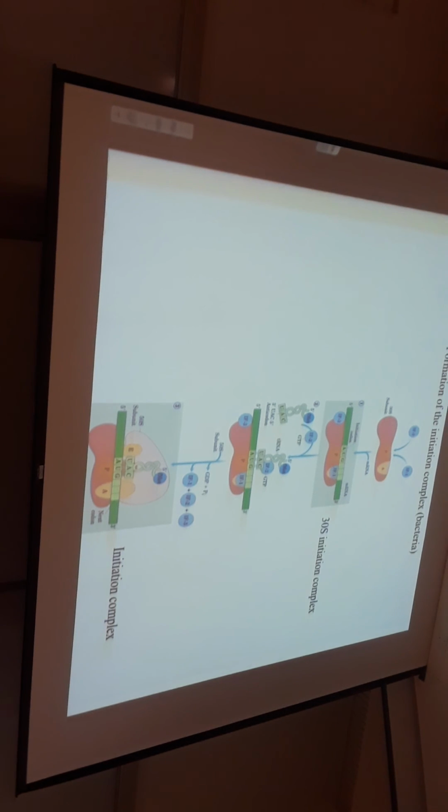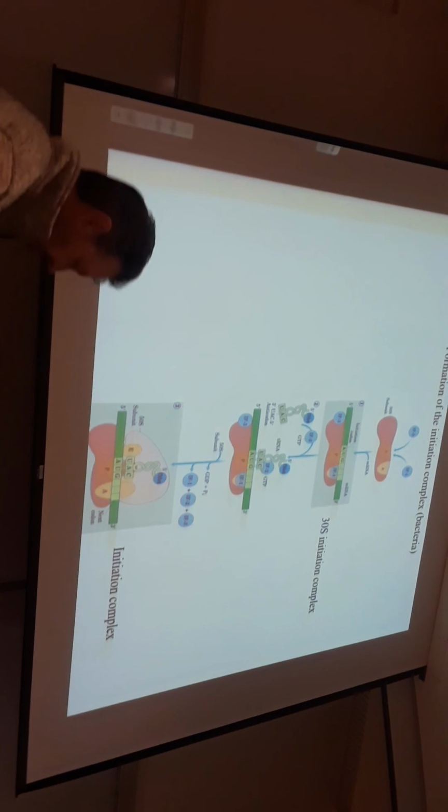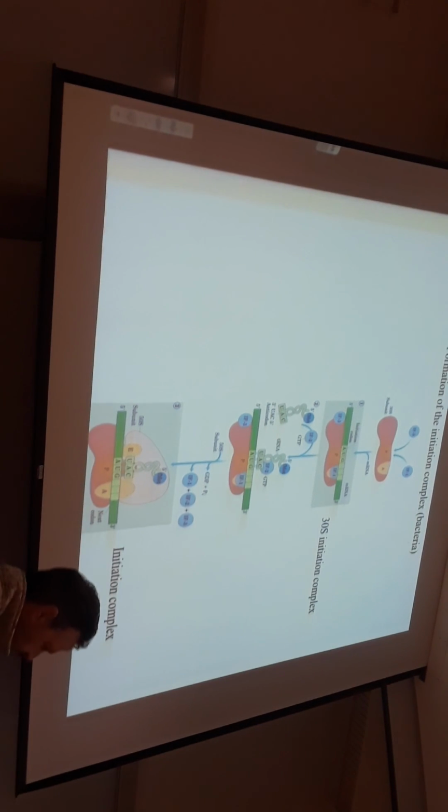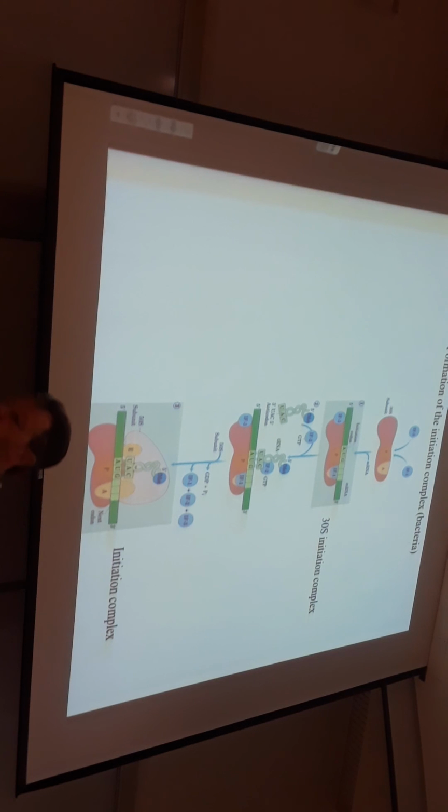So what happens first is that the 30S, so the small subunit, actually interacts with initiation factors here, 1 and 3, and binds to an mRNA. Okay, so it's not the assembled 70S ribosome that binds the mRNA, but first the small subunit, with the help of these initiation factors, actually binds the mRNA.